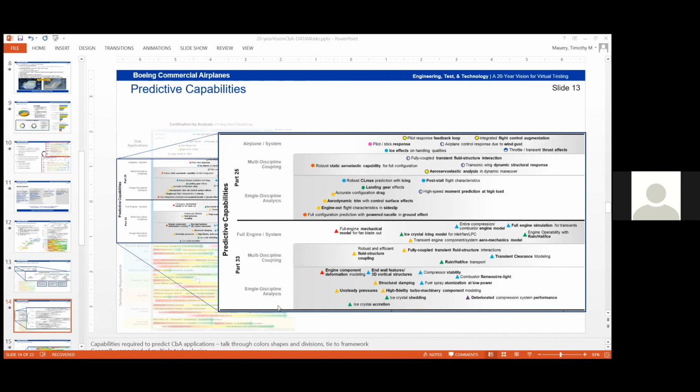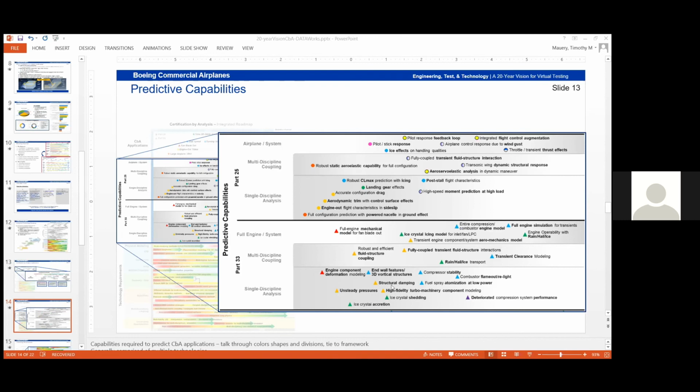And then on the left it shows increasing complexity, where you have some single discipline analysis that you can set up, and then some multidisciplinary coupling of maybe more than one field, but still less than what's required for the certification application, and then some larger full system capabilities where the entire engine combustor compression model needs to be modeled, so that we can go into various applications such as operability at sea level and altitude.